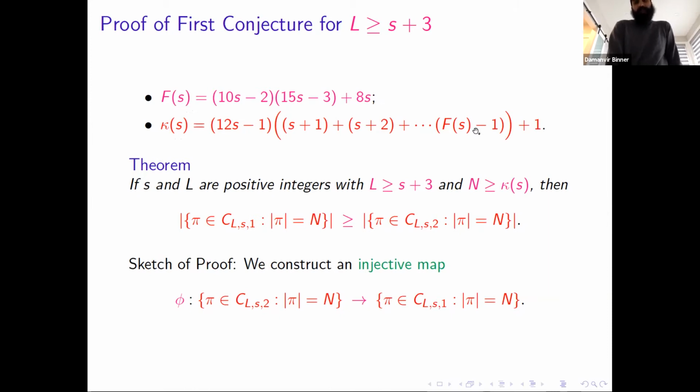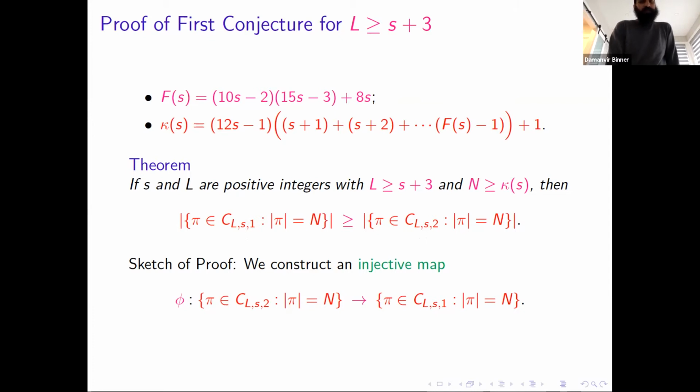Then we assert that this quantity kappa(S) serves as the bound for our first conjecture in this case, meaning that whenever n is greater than or equal to kappa(S), the number of partitions of n in CLS1 is more than the number of partitions of n in CLS2.